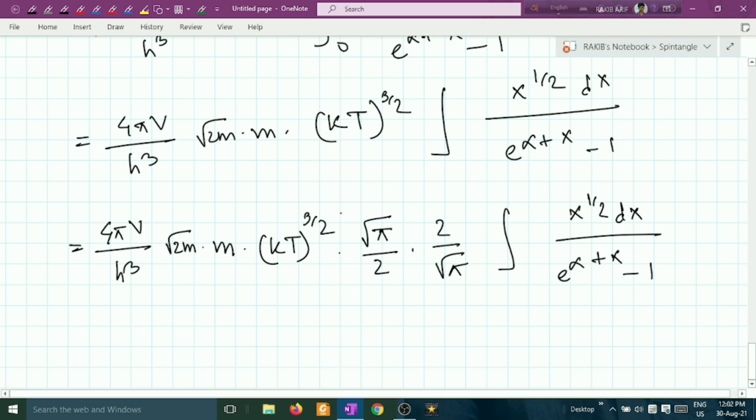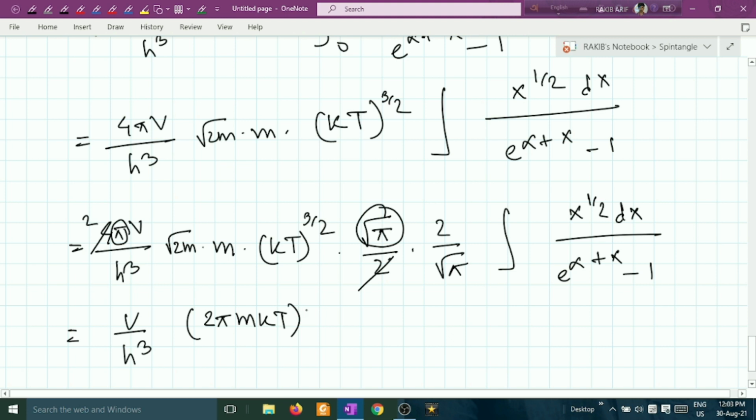To make this 4 pi term as 2 pi. You can check this from your calculation. I'm writing V upon h cubed. Here, cutting this with this, 2 goes with 4, this becomes 2, and here will be 2 pi m kT. This root pi goes with this pi, becomes to the power 3 by 2.